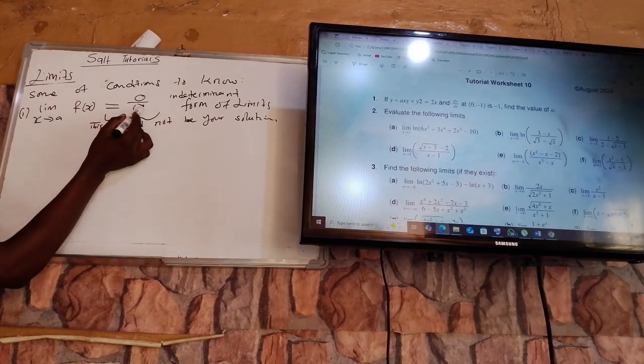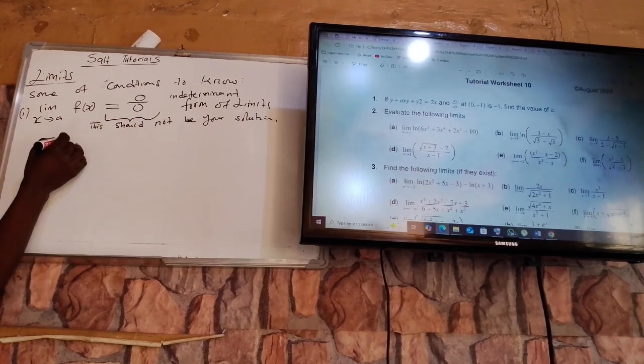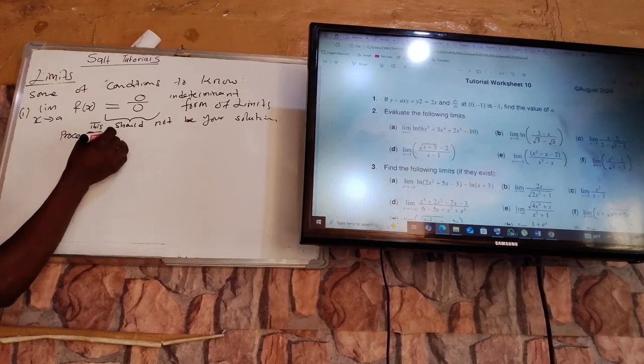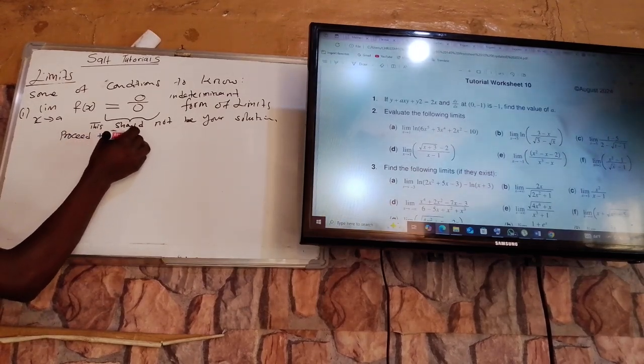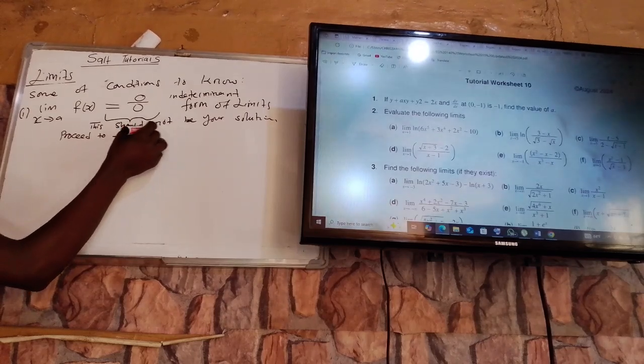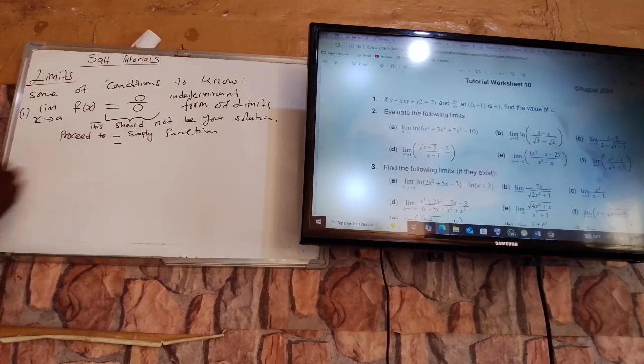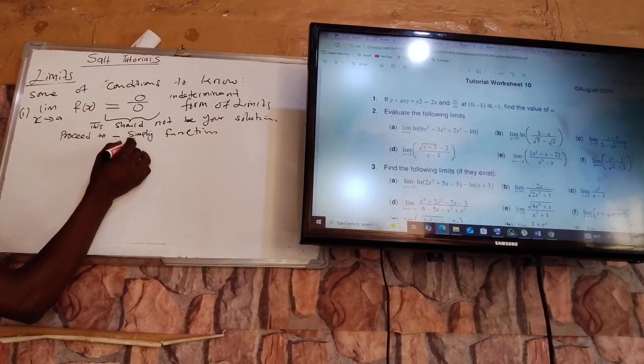So instead, if you have a 0 over 0, then proceed to number one, simplify your function. You can simplify your function by factorizing.